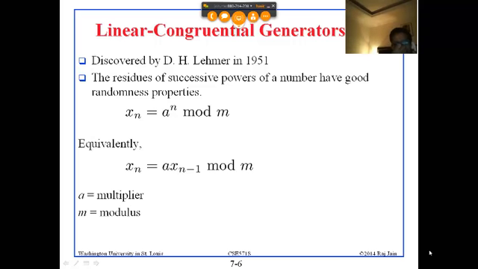This is called linear congruential because the function x_n equal to a times x_{n-1} is a linear function, and this is called multiplicative because we didn't add anything. People studied it quite a bit.